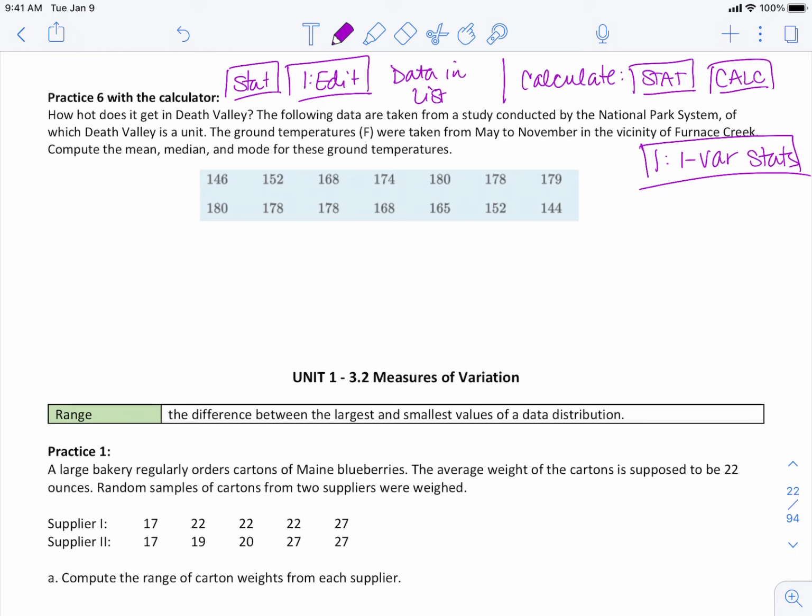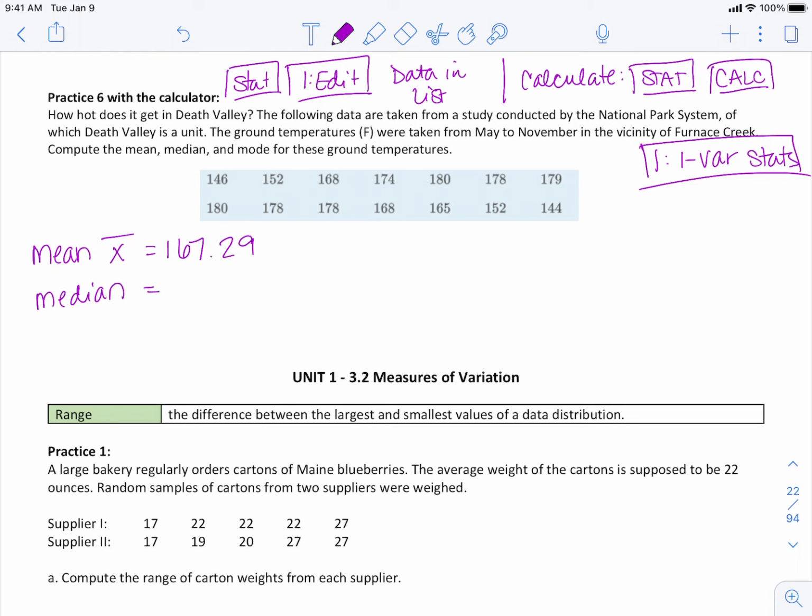So the mean is represented with X bar. And so we can see the mean is going to be 167.29. Our median, it says the word median.